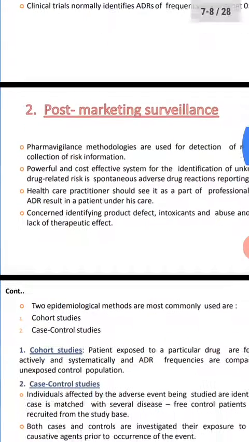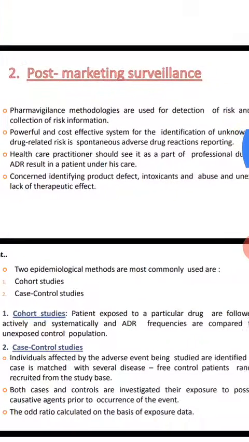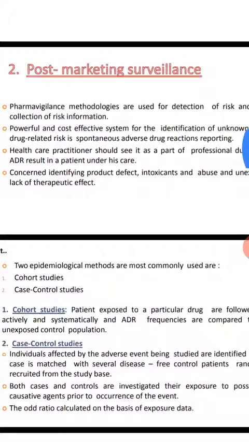Next, once the drug is released into the market after completion of phase 3, phase 4 is called post-marketing surveillance. Generally, ADRs not identified in the preclinical and clinical trials can be identified during post-marketing surveillance.